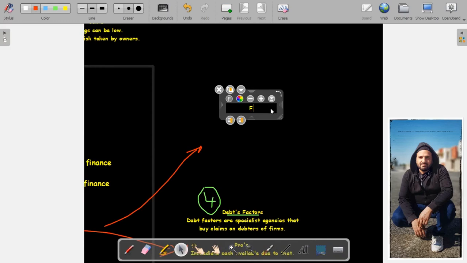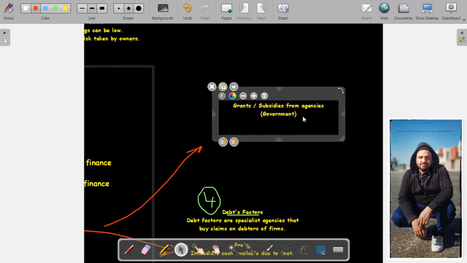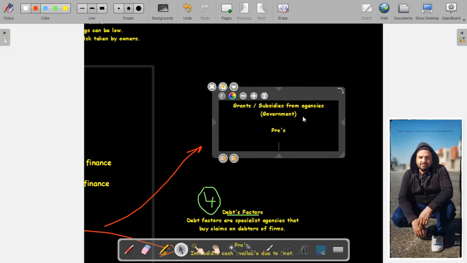We're going to talk about grants or subsidies from agencies. One of them is the government. This is one of them, the government. As an example, these pros, and then we'll prepare the cons.